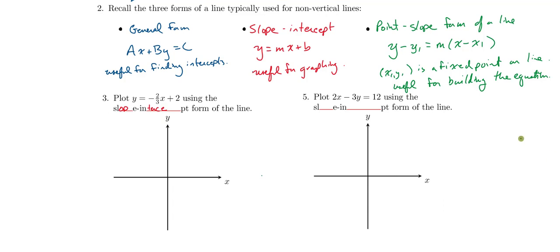Well, previously we said that the slope-intercept form of a line looks like this. It's the y equals mx plus b form, where m is the slope, which we commonly think of as rise over run, and we'll have a review of slopes specifically in another pre-work, but you've probably seen this before. And b is the y value of the y-intercept.